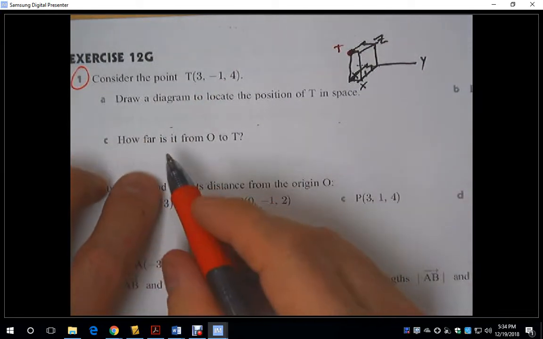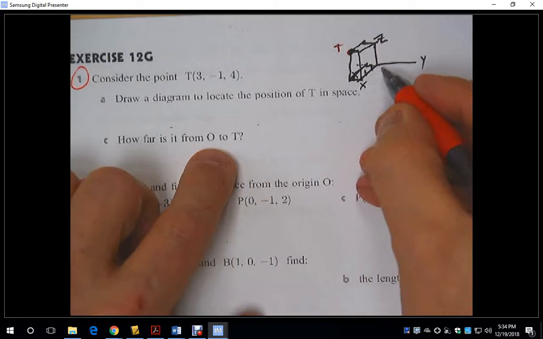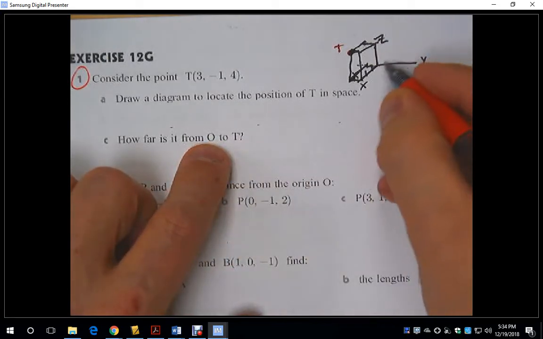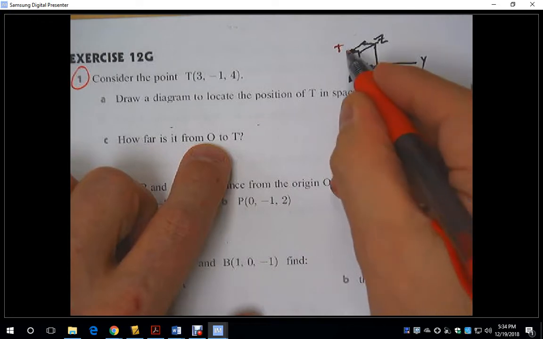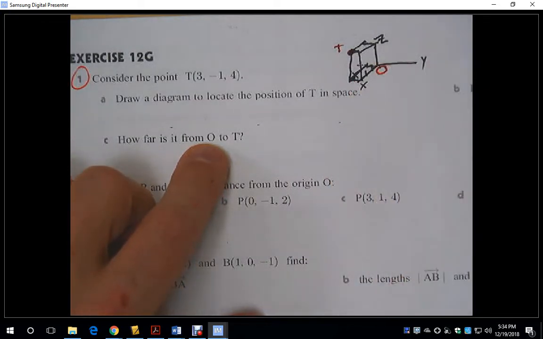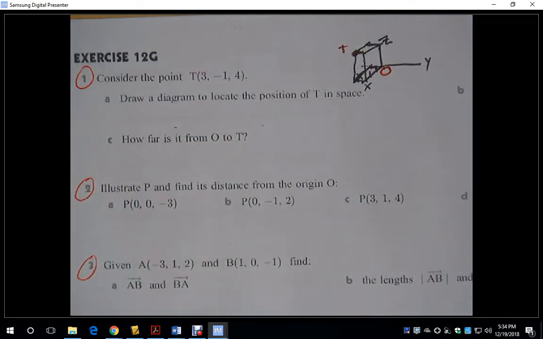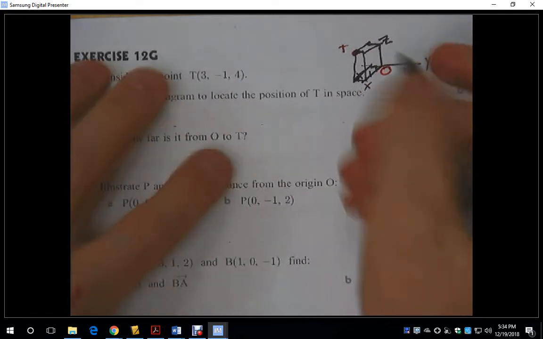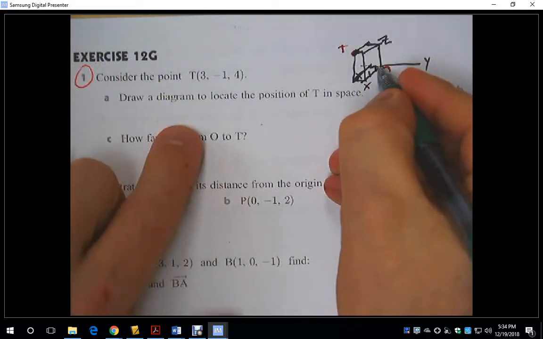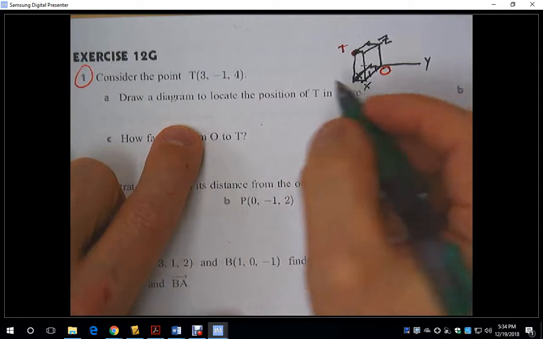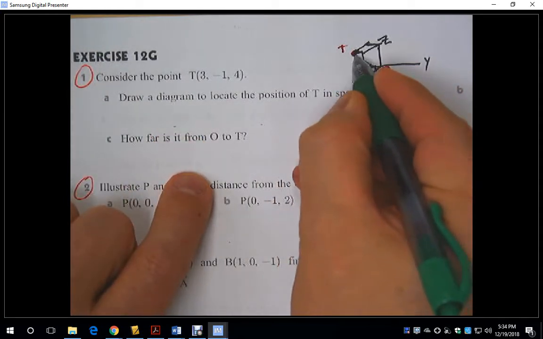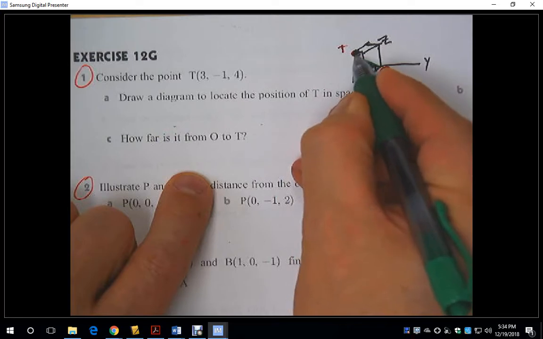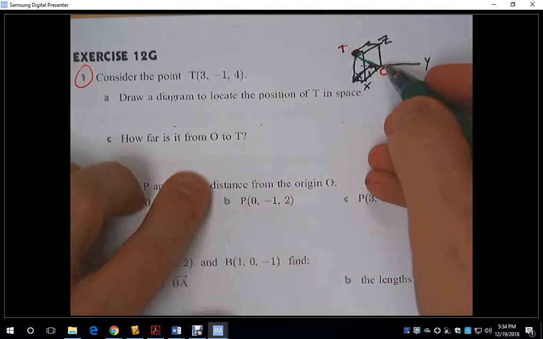It says here, how far is it from O, or 0, which is always going to be at our origin. What is the distance between 0 and T? So I'm going to use a different pen. I want to know the distance here, and if I drew this as a vector, then we're really just trying to find the magnitude.